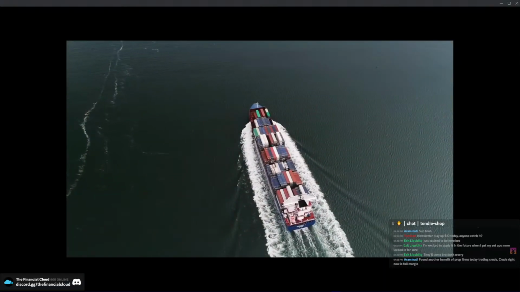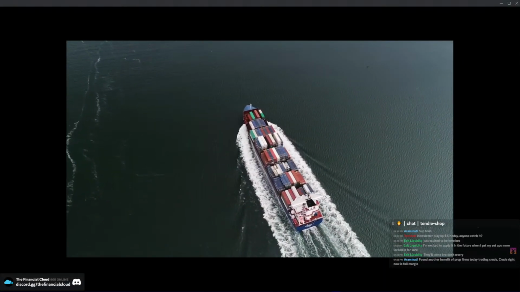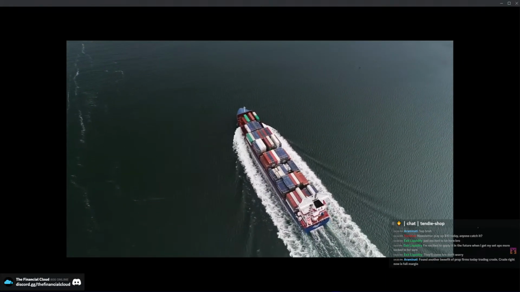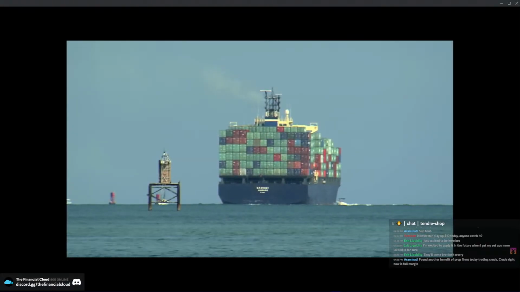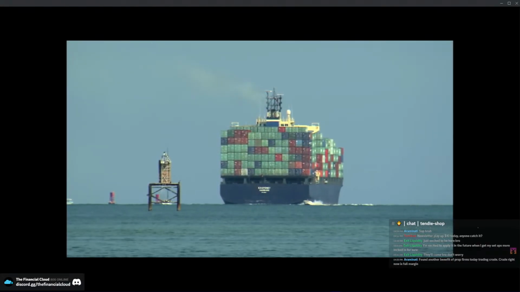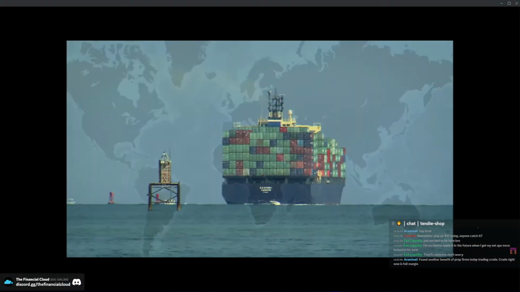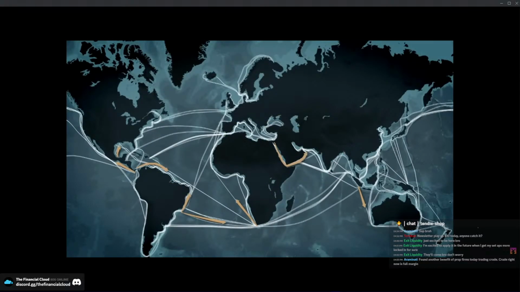At any given normal time, there are around 50,000 merchant vessels carrying as much as 6 million containers full of cargo and goods all across the world's oceans and between all the world's continents. These networks and streams of ships that you see moving in lines across the world's surface here are the literal arteries that power the beating heart of the 21st century global economy.